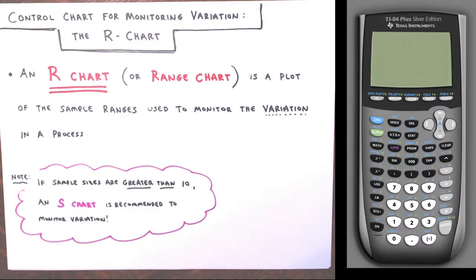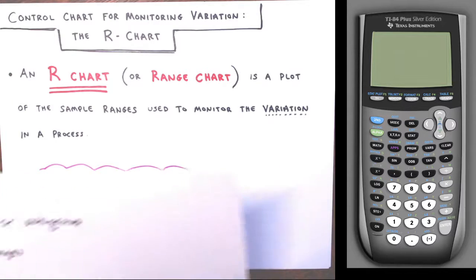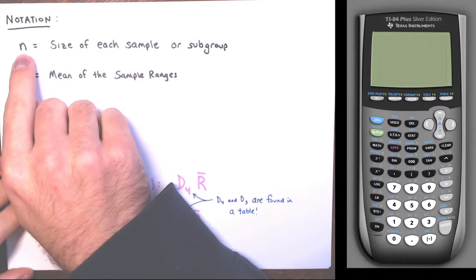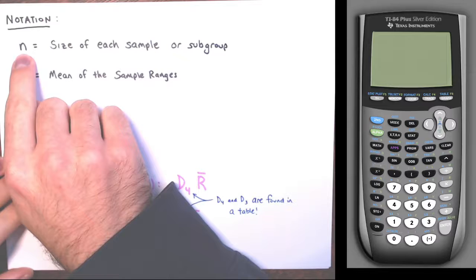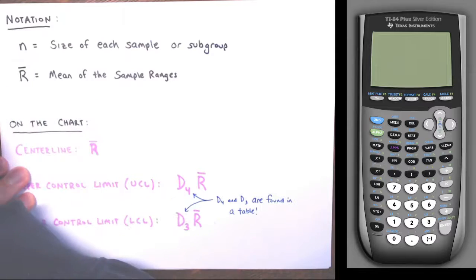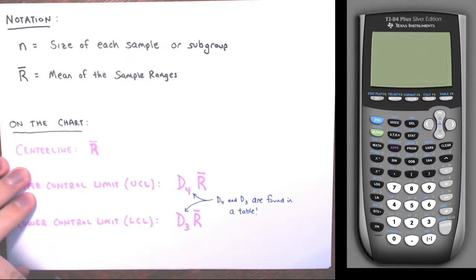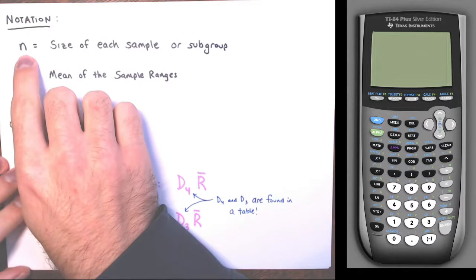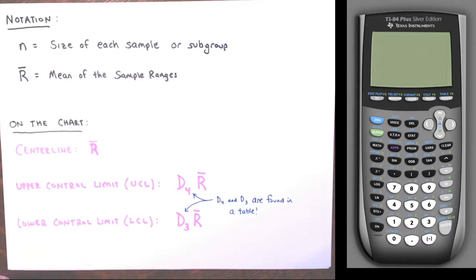All right, so some notation to go along with the R charts. Remember lowercase n typically represents a sample size. You have to be careful when you're making R charts or X bar charts or any control chart. When I say lowercase n here, it doesn't mean the size of everything that was collected.